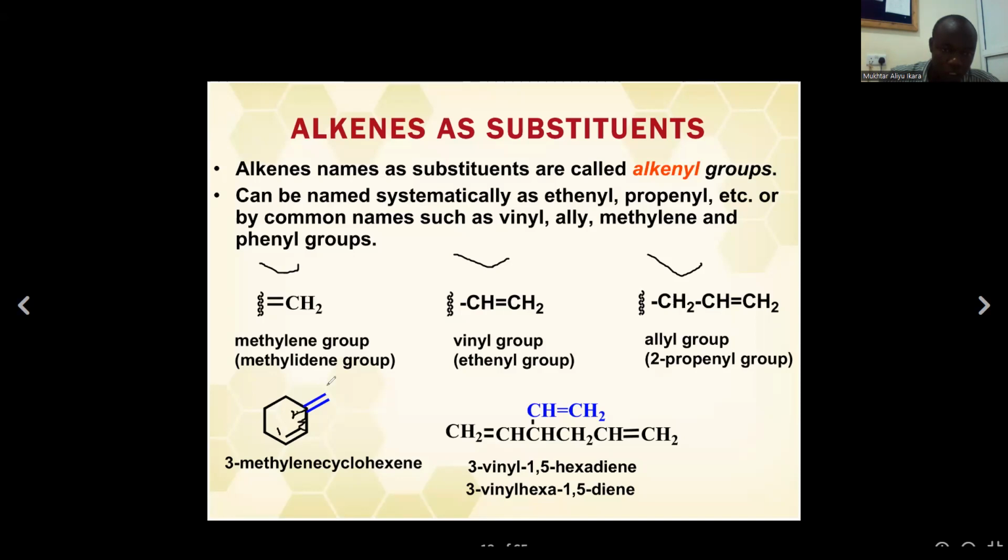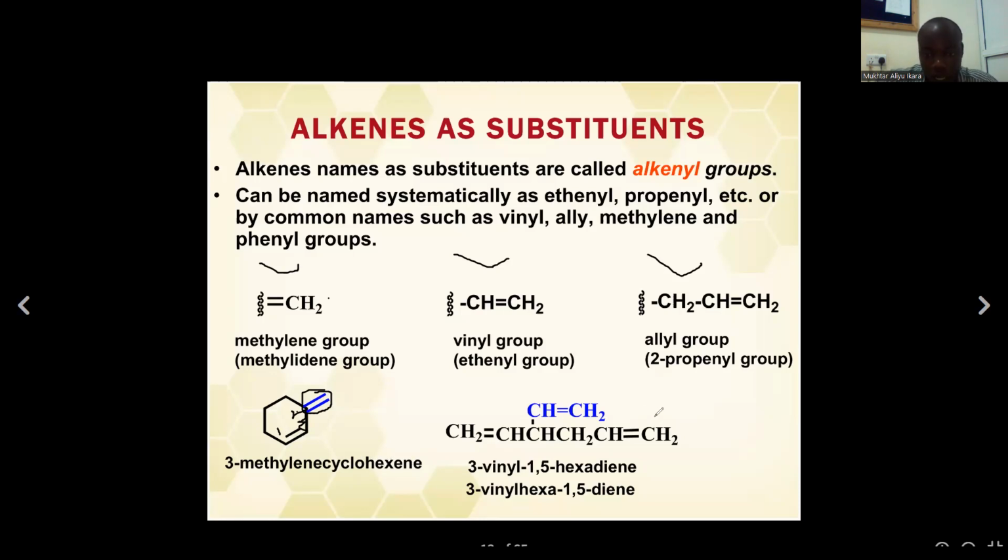So it is at carbon 3. It is the same thing as this. In this yellow structure, it is the same thing as this one. So that is why we say 3-methylenecyclohexene. Why is it that it is cyclohexene? The position of the double bond is not indicated, and it is because of 1. So that is why it is not indicated.